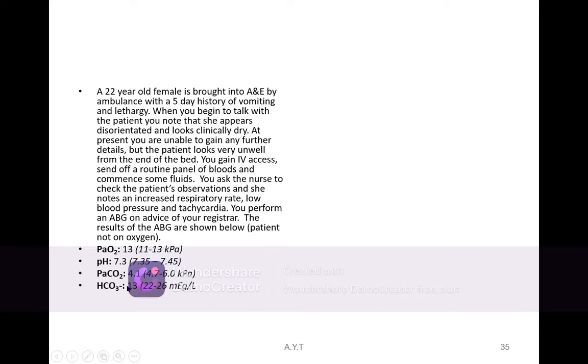If it is 13, it means that the level is reduced, it is on the acidic side. And this side is important. It is actually metabolic acidosis which is now under compensation by the respiratory system. It is the partially compensated type of metabolic acidosis.